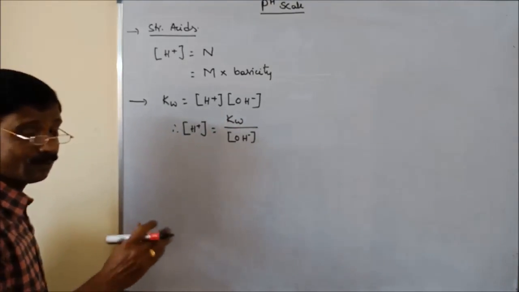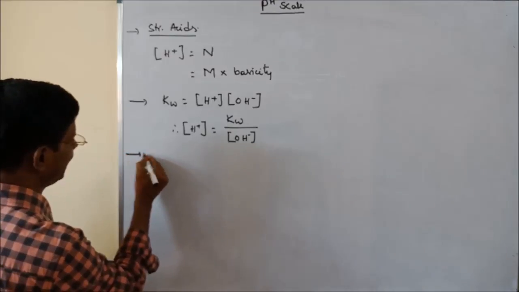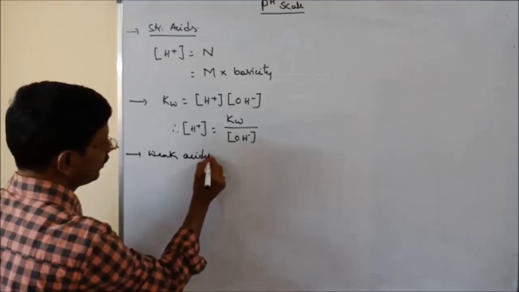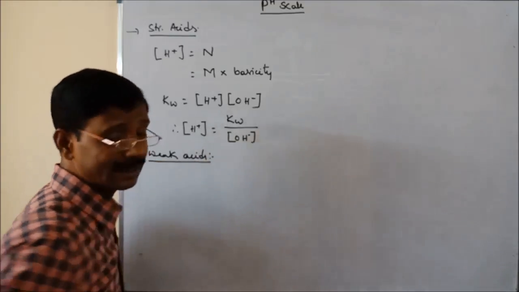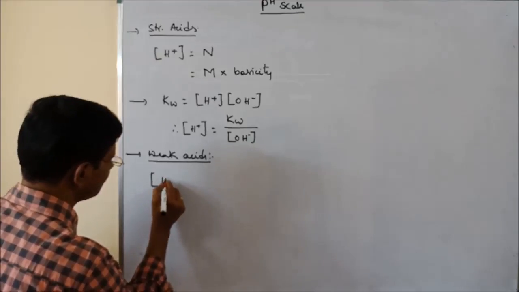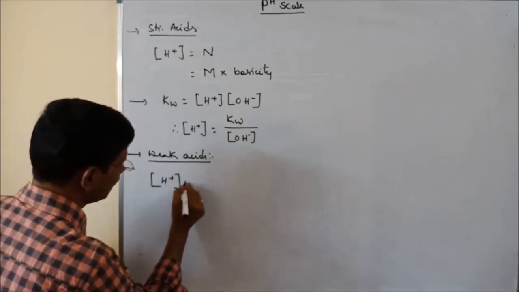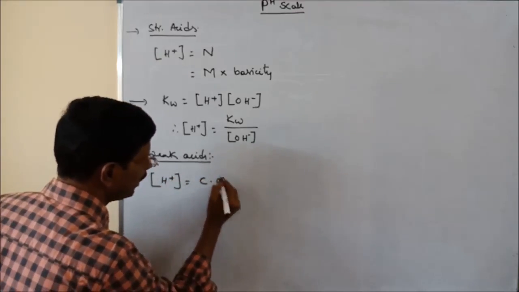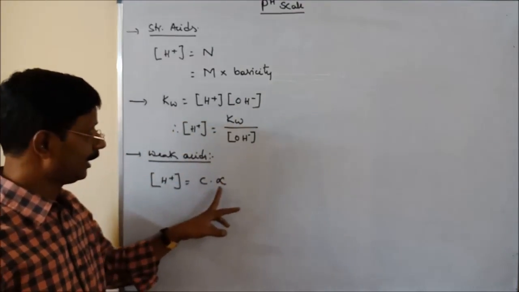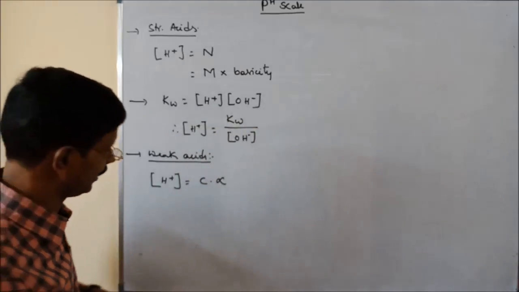Now, in case of weak acids, the concentration of H plus is nothing but C into alpha, where C is the concentration of the acid and alpha is the degree of dissociation.